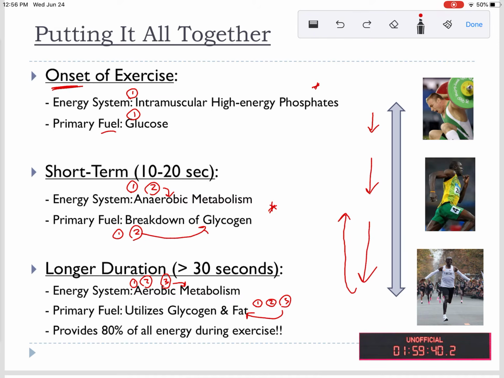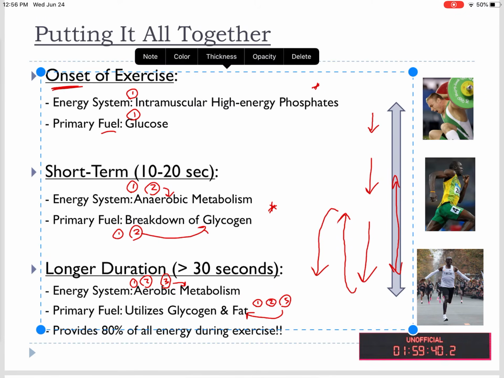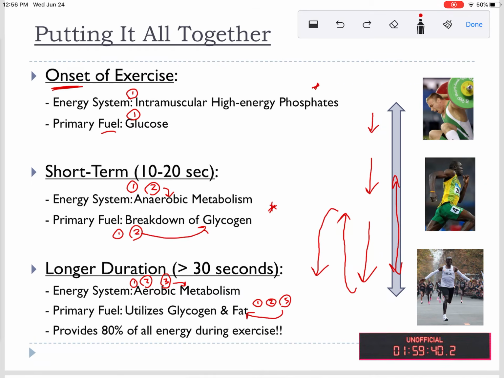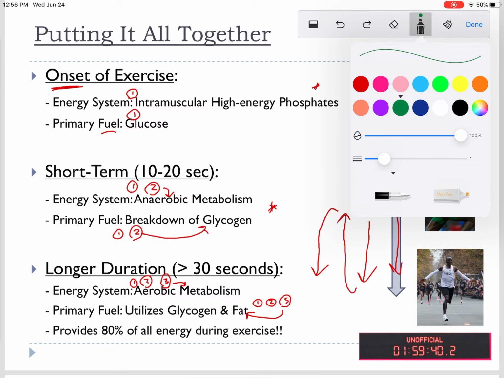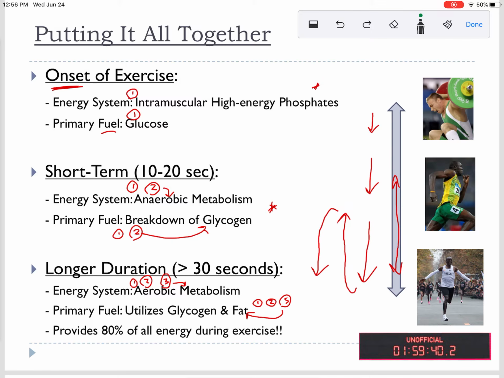But then once you've brought in more oxygen and that oxygen has gotten down to your muscles, then you can go back down to using this one because now you have enough oxygen. So the point is, we can shift between these. Even though at first, from the immediate onset, we always go in this way.